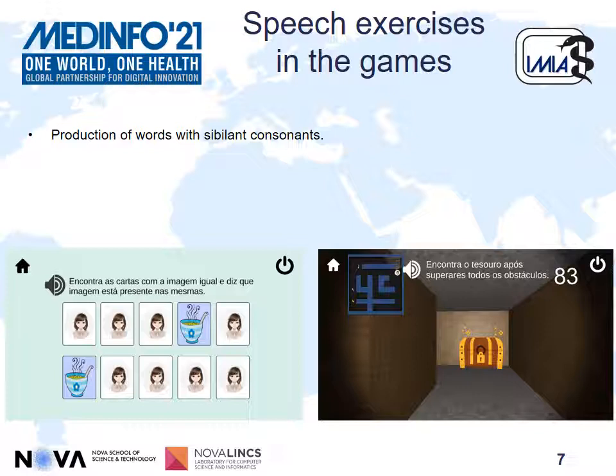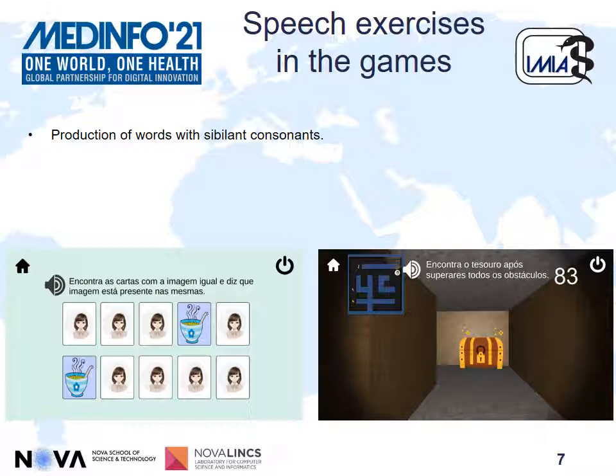One of the speech exercises used in these games is the production of words with sibilant consonants. For instance, in the case of the pairs game, the image on the left, the child has to find pairs of cards with the same image, and this image represents an object whose name has a sibilant consonant.